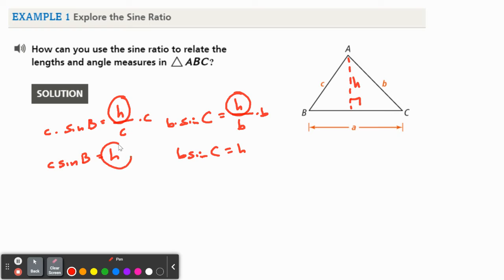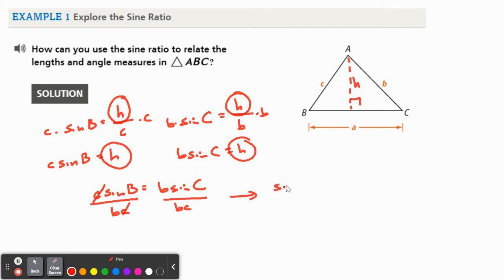Because each of them is set equal to H, we can set the equations equal to each other. So we can say c sine of B equals b sine of C. Just a simple substitution. Now, to be clever, we're going to divide both sides by b and c. On this side, the c's will cancel, and you get sine of B over b.